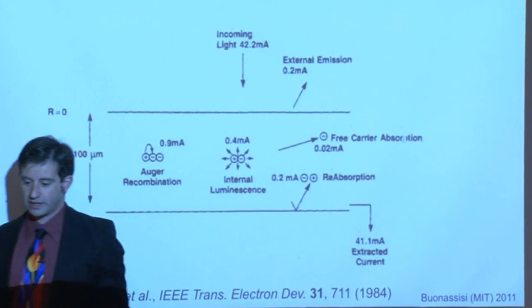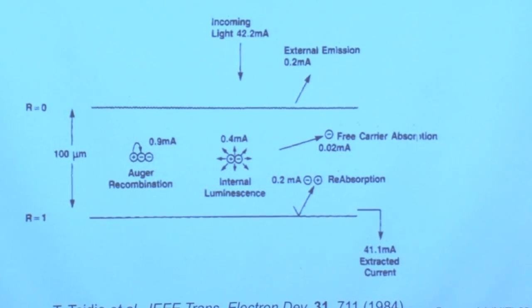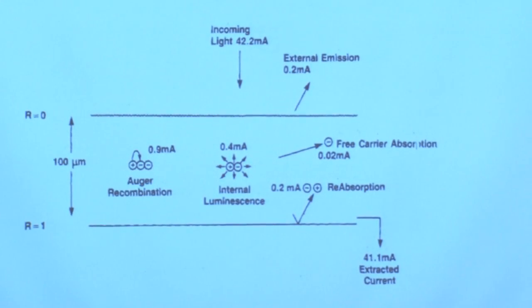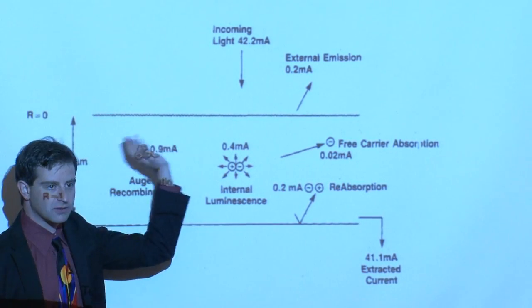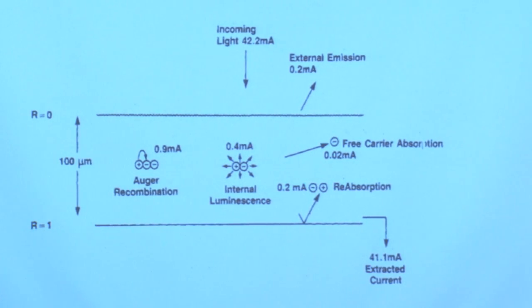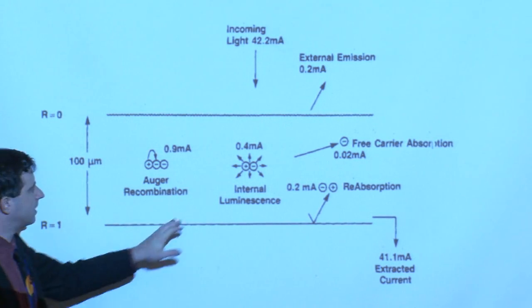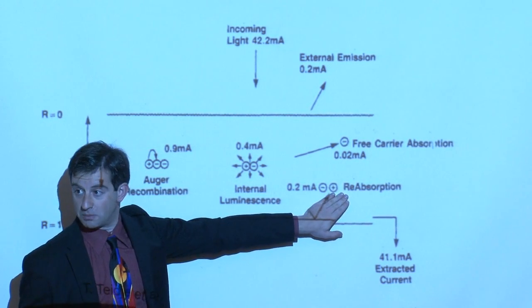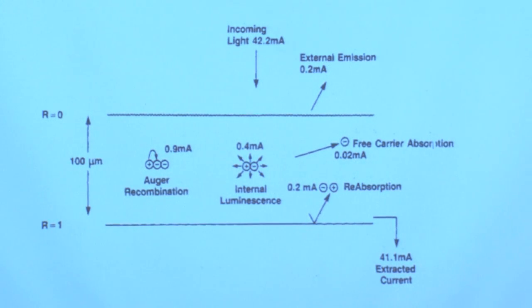So what is photon recycling? Photon recycling is when you have a radiative recombination event, and that photon gets trapped within the material. It's not allowed to escape, because, for example, off the top, there's an index of refraction mismatch, or the angle at which it tries to exit is too oblique, and so you have total internal reflection within your device, and you eventually have reabsorption. So that's called photon recycling because you have a radiative recombination event.